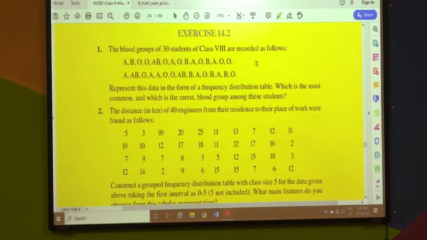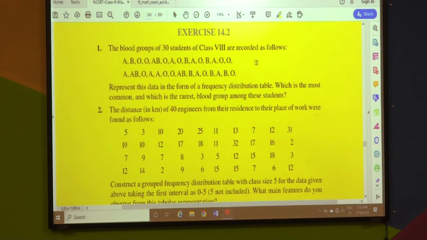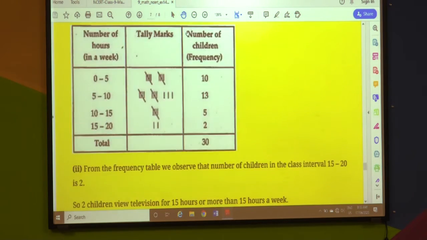It depends upon the frequency that we will get, the number of students who belong to which blood group. If the number of students is more in a particular blood group, or at maximum, then we have to say that that is the most common. And if the number of students is at minimum in a particular blood group, we have to say it is the rarest one. So, let us see now how exactly the things will happen.